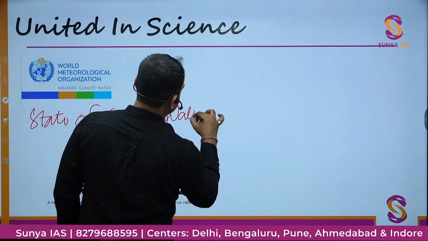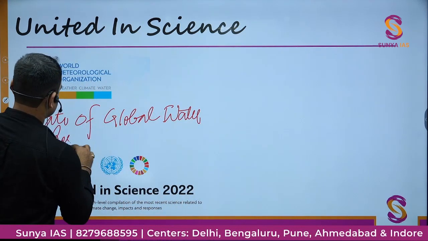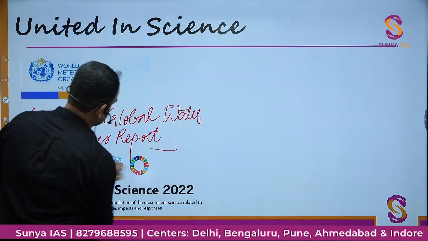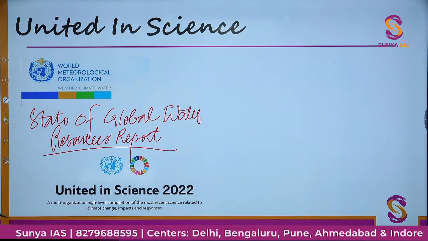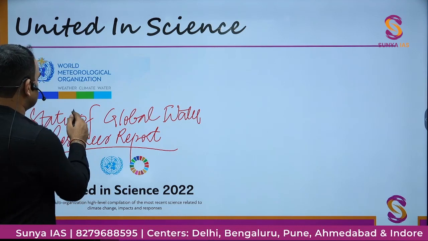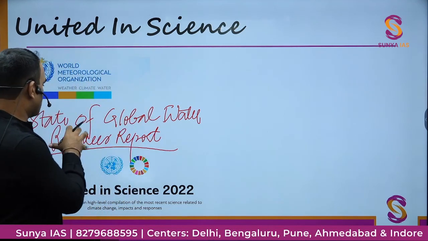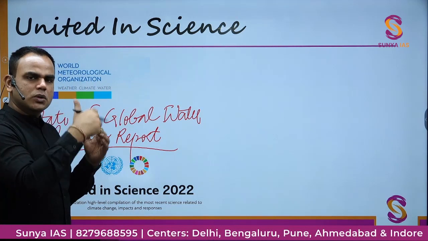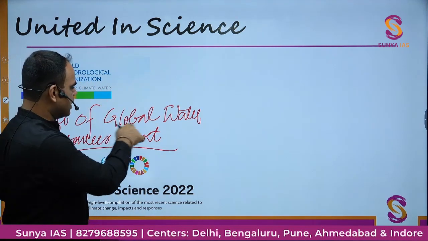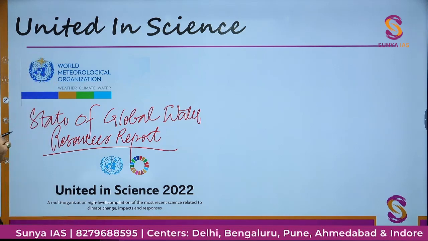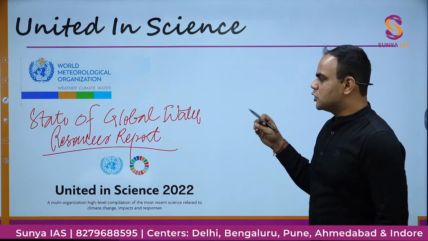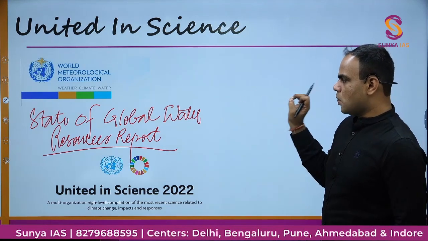Again, this is by WMO, and this is its first report, which is why it is important. Overall, how are the water resources with respect to climate change, what changes have happened, is spoken about in this report. Basically it talks about the limited availability of resources and how to manage them. This is the State of Global Water Resources report.